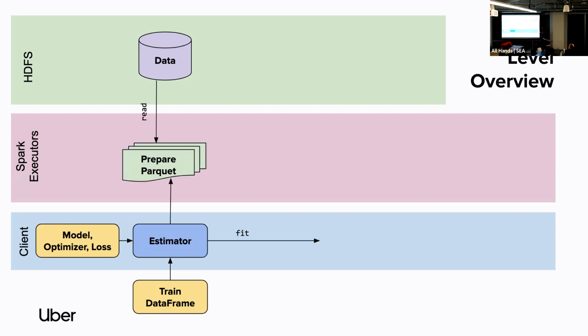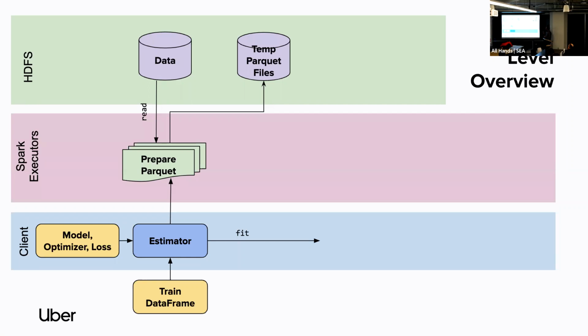So when you call the fit function, estimator creates the Spark executors. The first step of the fitting is actually to read the data and prepare it to be consumed by the Horovod deep learning model. So these workers do a bunch of magic and then write the intermediate, sort of the prepared data, into temporary Parquet files on a store that you provide.